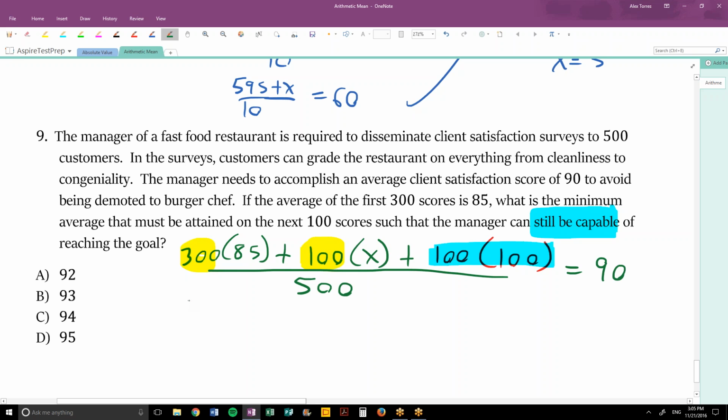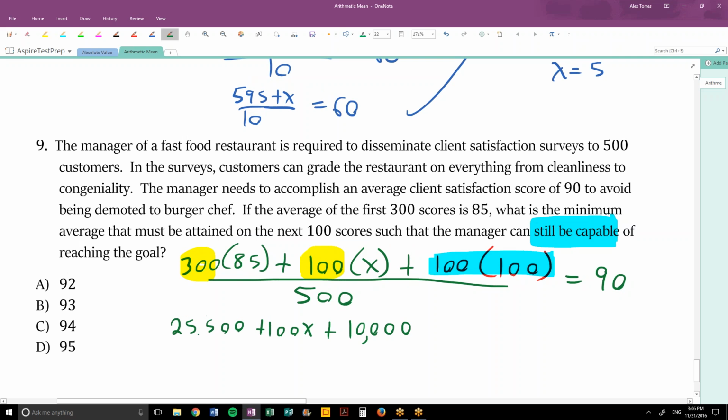300 times 85 is 25,500 plus 100x plus a 1 with 4 zeros, because we have 4 zeros in that multiplication, divided by 500 equals 90. Further combining our like terms, we have 35,500 plus 100x over 500 equals 90.